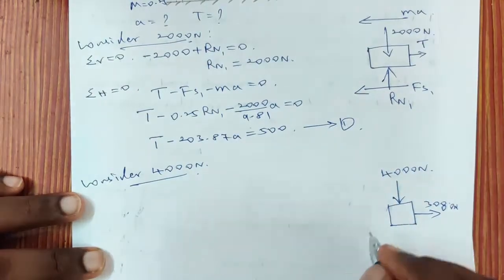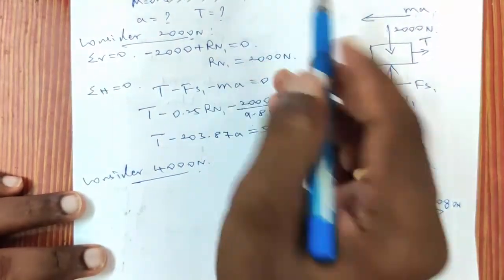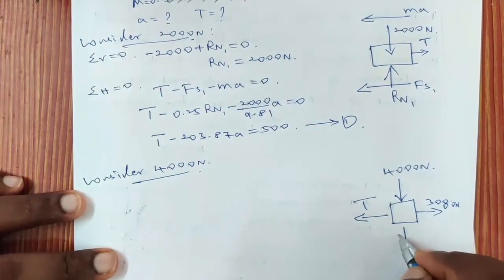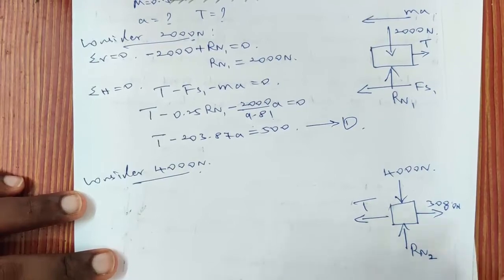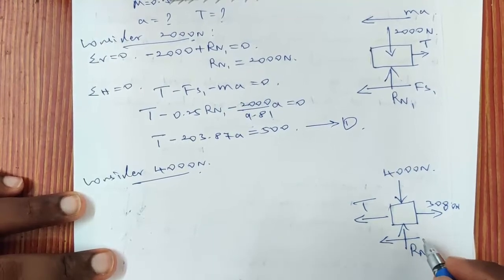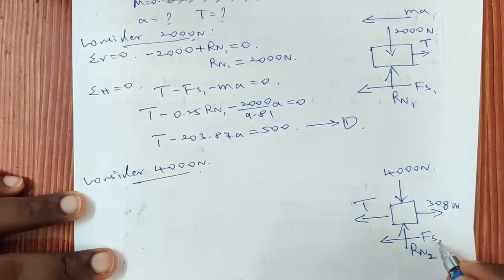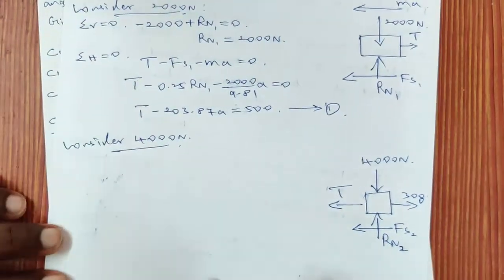And a tension is acting towards left side. Because of the friction between these two contact surfaces, a normal reaction will be there. This is Rn2. Since the body is moving towards right, the frictional force will be acting in the opposite direction, that is left side direction. Consider this as Fs2.